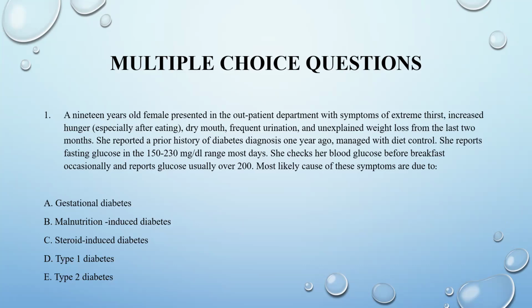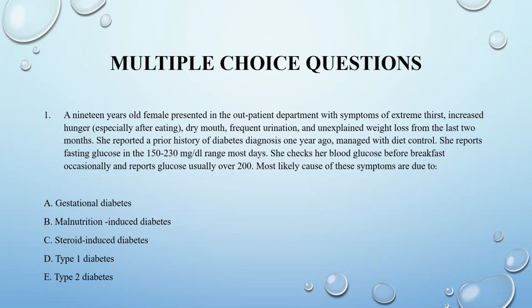The first MCQ: a 19-year-old female presented in the outpatient department with symptoms of extreme thirst, increased hunger, dry mouth, frequent urination, and unexplained weight loss for the last 2 months. She reported a prior history of diabetes diagnosed 1 year ago, managed with diet control. She reports fasting glucose in the range of 150 to 230 mg per dL. She checks her blood sugar before breakfast occasionally and reports blood glucose usually over 200.